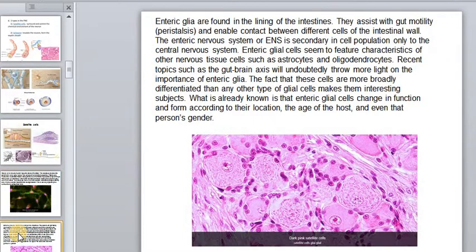And one more, enteric glia are found in the intestines. They assist with gut motility, peristalsis, and enable contact between different cells of the intestinal wall. The enteric nervous system, or special system inside of these tubes, is secondary in cell population only to the central nervous system.